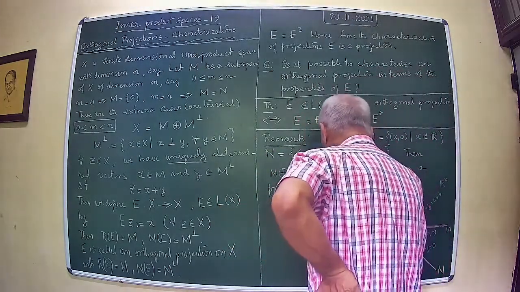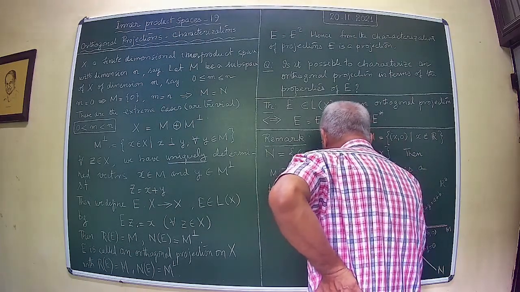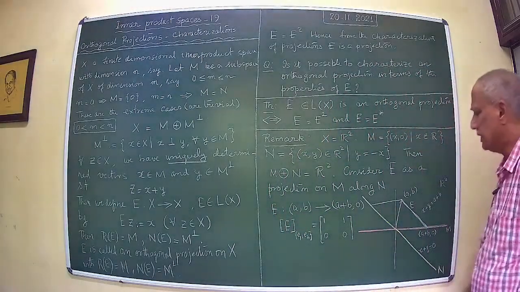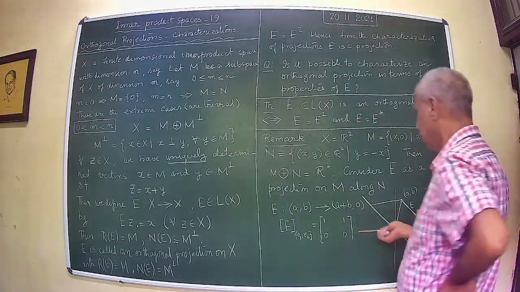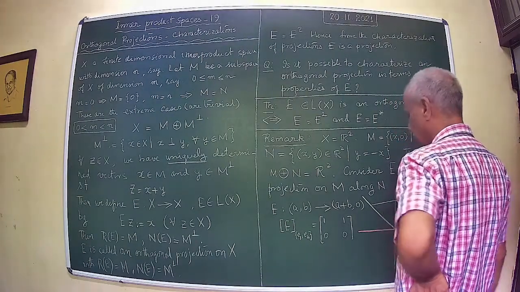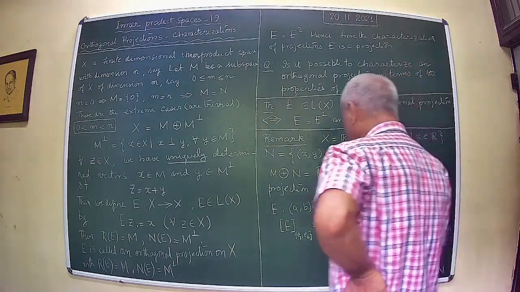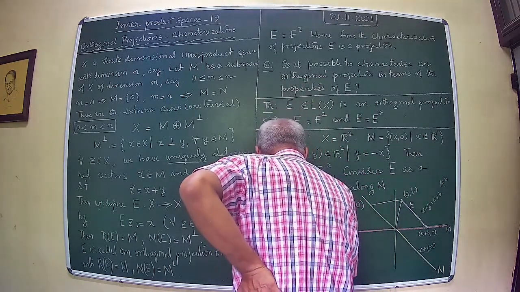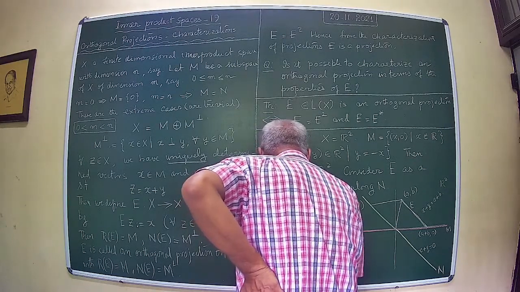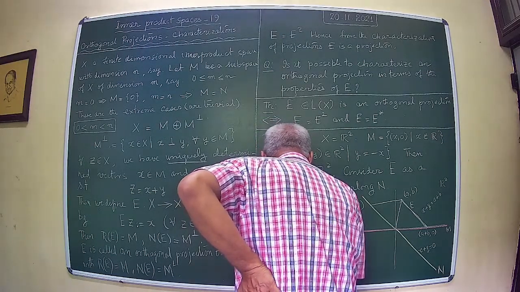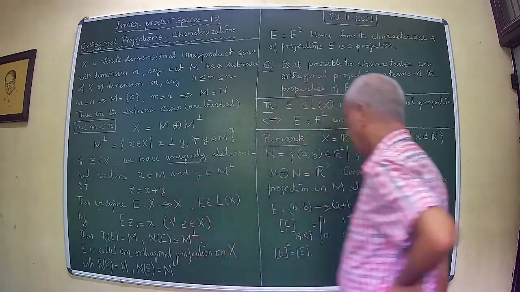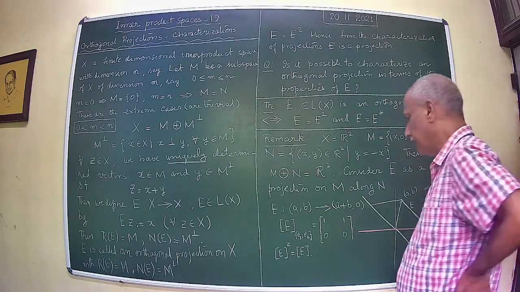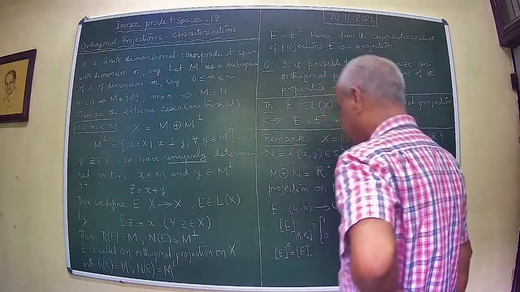So you get 1, 1, 0, 0. Easily check that if you take (a, b), then it gets mapped into (a plus b, 0). That is easy to check. You can actually do the computation.